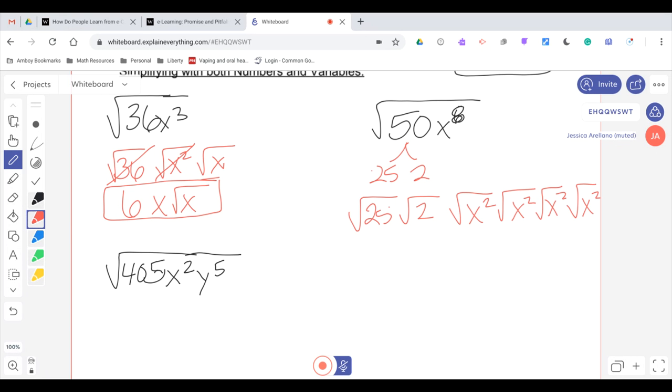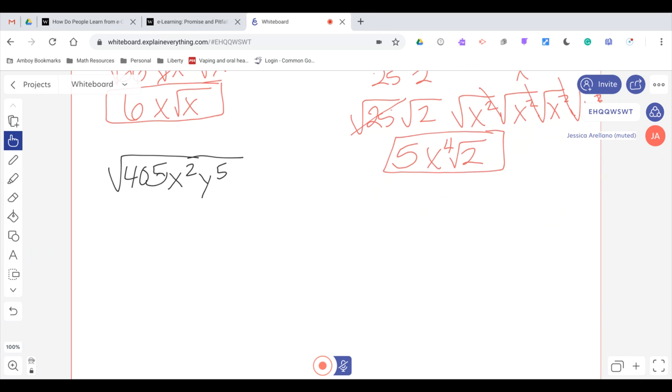But like I said, with the even numbers, you can just think of, okay, I'm going to cut that exponent in half because I have 4 pairs, so it's going to result in having 4 x's. So it's going to be an x to the 4th in the end. Okay. 25 will simplify to 5. 2 has to stay in its square root. Then I have 1, 2, 3, 4 x's, so that'll be x to the 4th on the outside. So I have 5x to the 4th times the square root of 2.